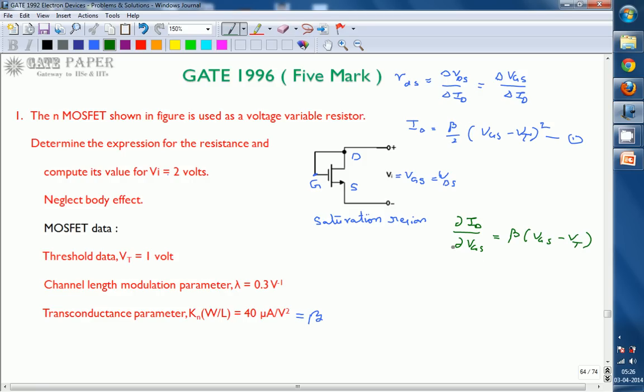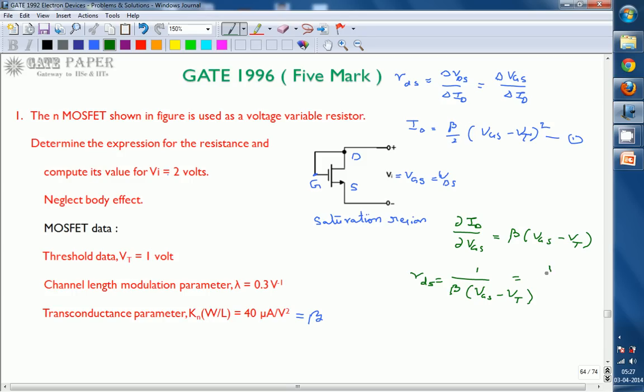But dou ID by dou VGS is not RDS. RDS is dou VGS by dou ID. So RDS is the reciprocal of this value, 1 by beta times (VGS minus VT).